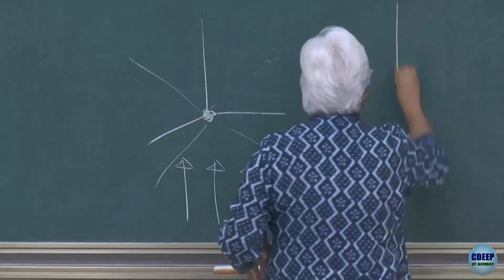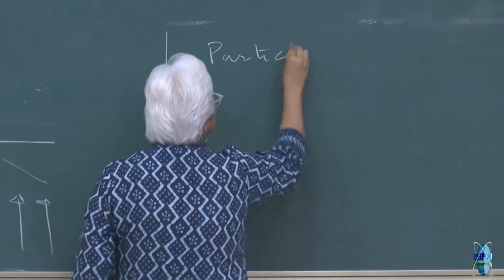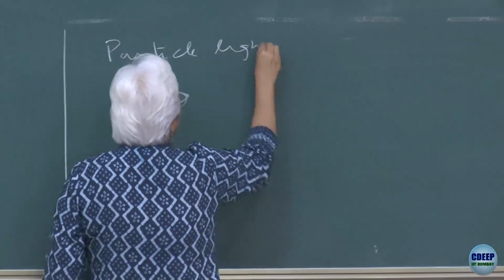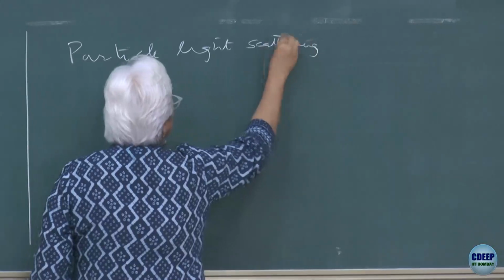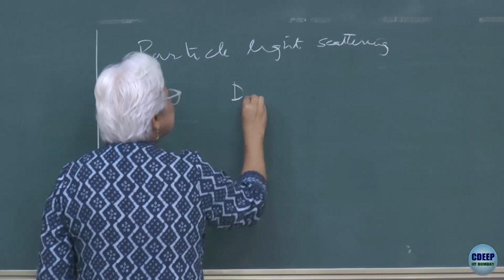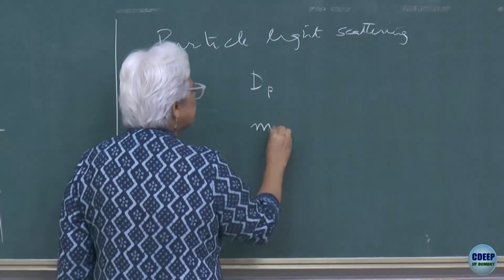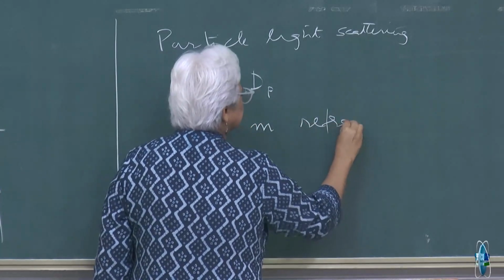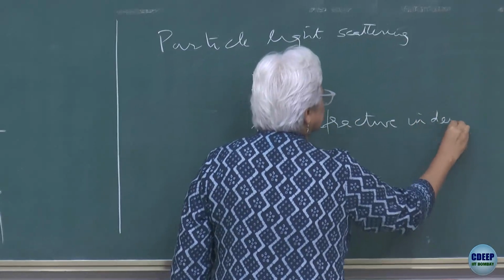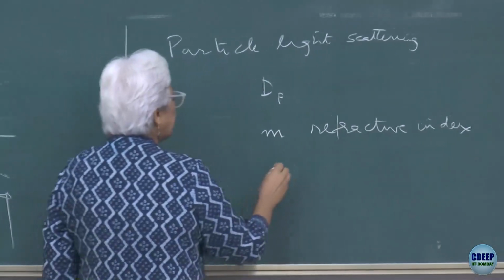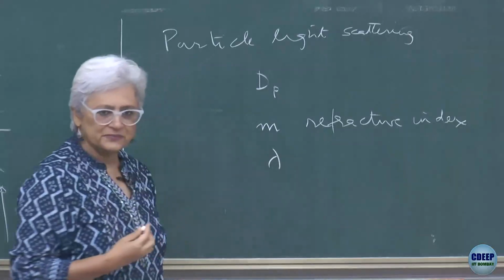So what does particle light scattering depend upon, right? So definitely size of the particle. Then we have refractive index, right? And we have the wavelength of the radiation.